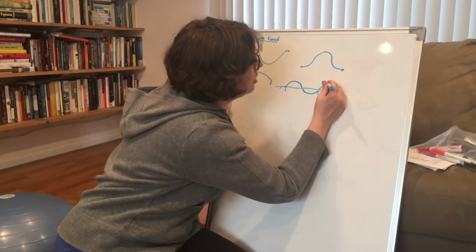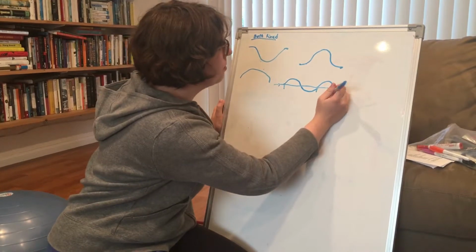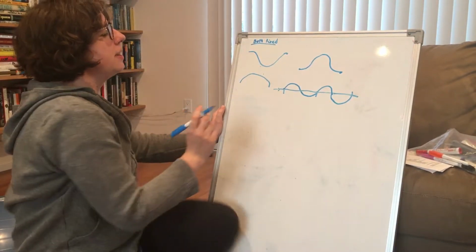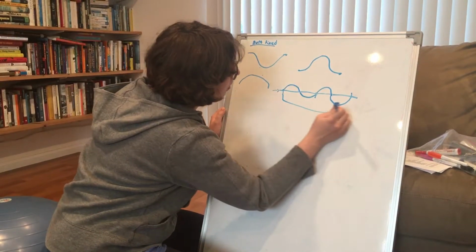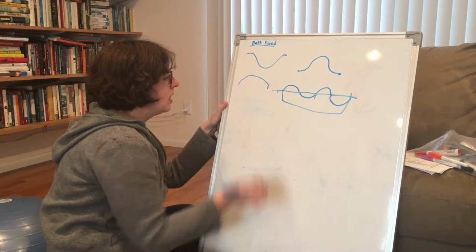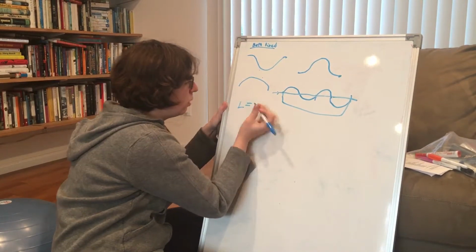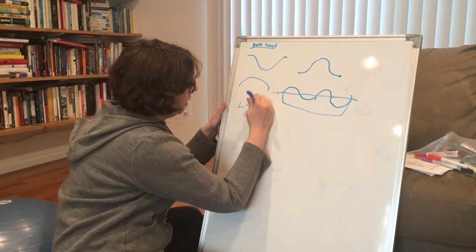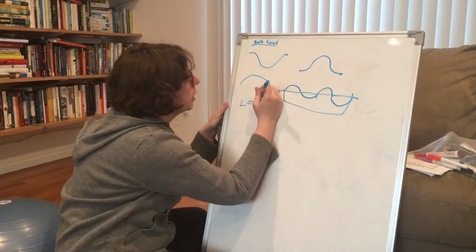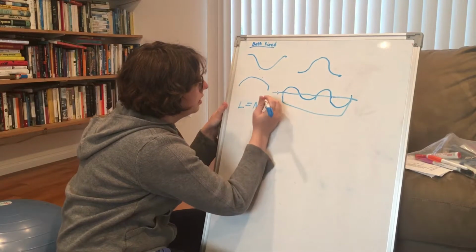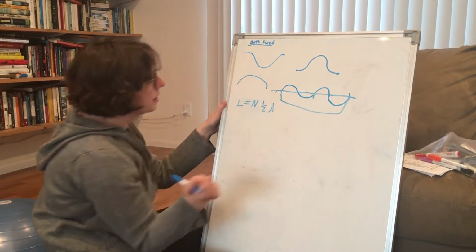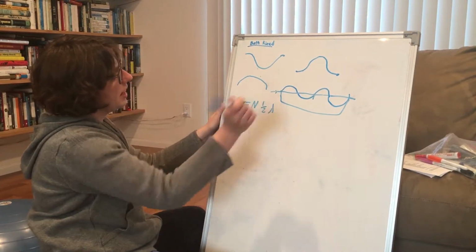And it's going to keep on doing that the more oscillations we fit in the same period. So, just from looking at the picture, we can see that the length has to equal n half wavelengths, where n is any integer greater than or equal to 1.